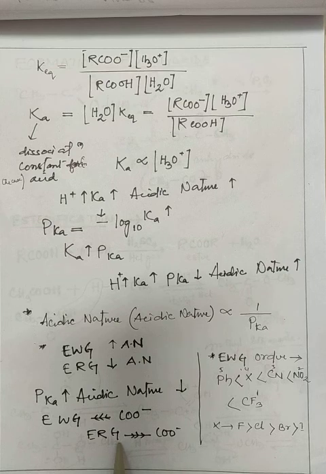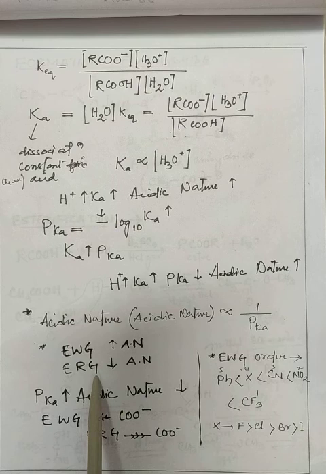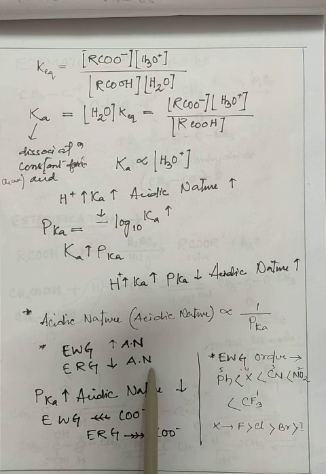Supposing this is a methyl, then the electrons from the methyl always try to go to the carboxylate part. So an electron releasing group always decreases acidity. Ka decreases, so the acidic nature decreases. That means pKa increases, and then the acidic nature decreases.